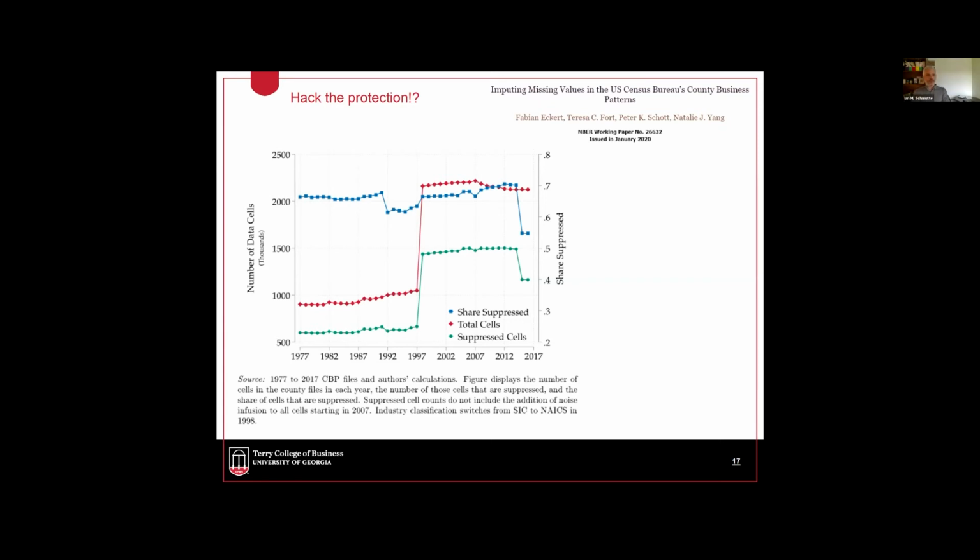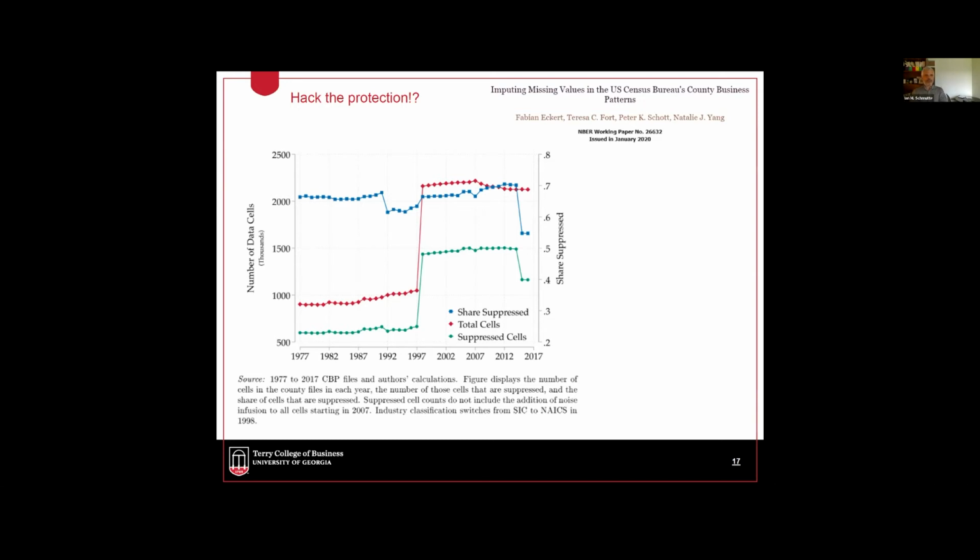But what's interesting to observe is that now we have a situation where researchers, pursuing their interest in getting more accurate statistics, are actively trying to undo the protections that are being built into the data by the data custodians.